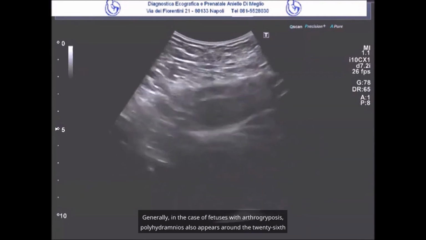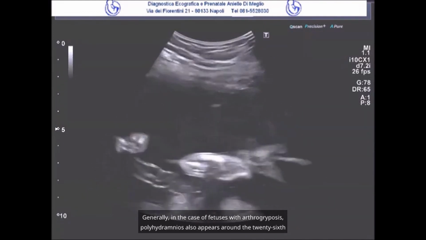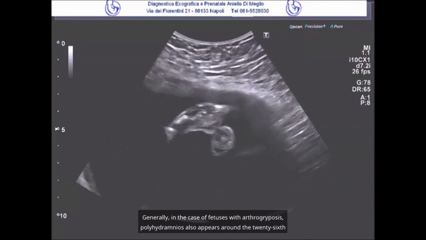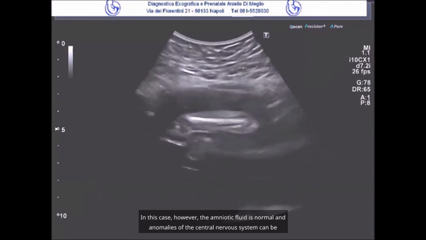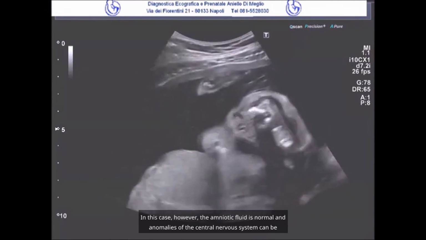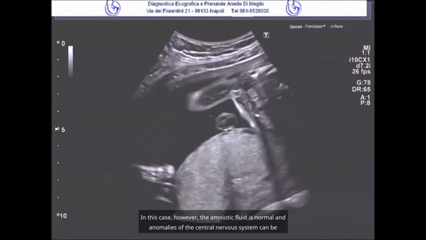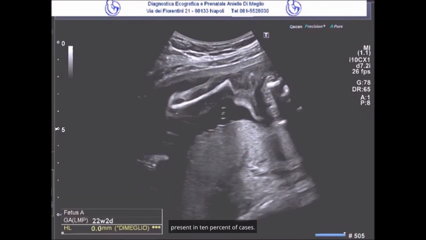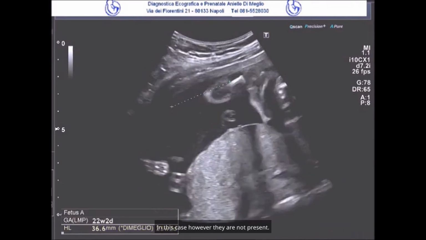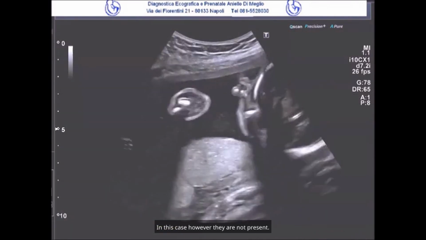Generally, in the case of fetuses with arthrogryposis, polyhydramnios also appears around the 26th week of gestation. In this case, however, the amniotic fluid is normal, and anomalies of the central nervous system, which can be present in 10% of cases, are not present here.